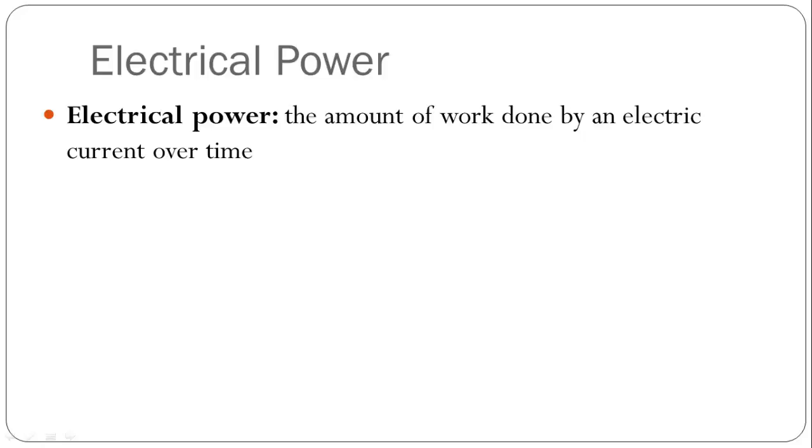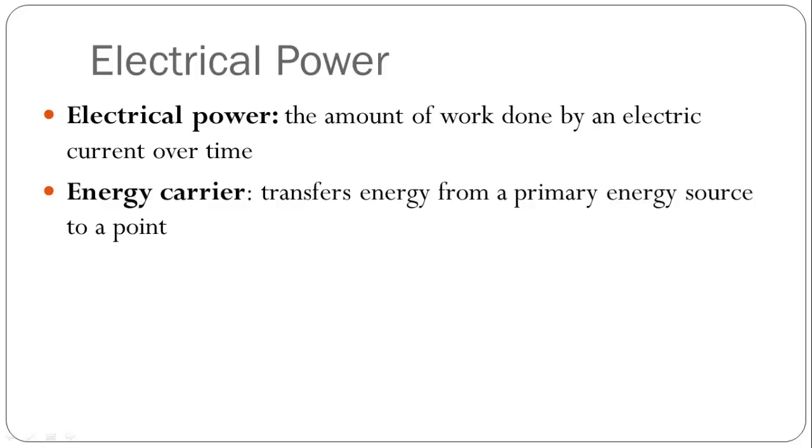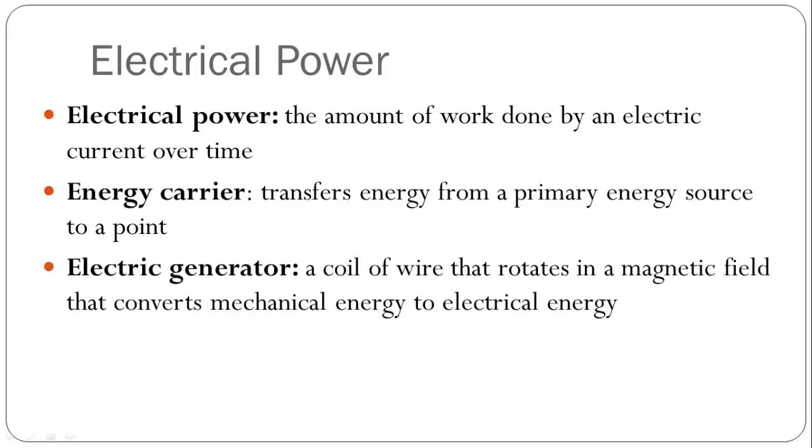To get electrical power, you have to have a carrier which transfers energy from a primary energy source to the point at which you want it to be used. So you have a power plant which supplies power into residential homes through power lines which conduct electricity. Those lines are the energy carriers.